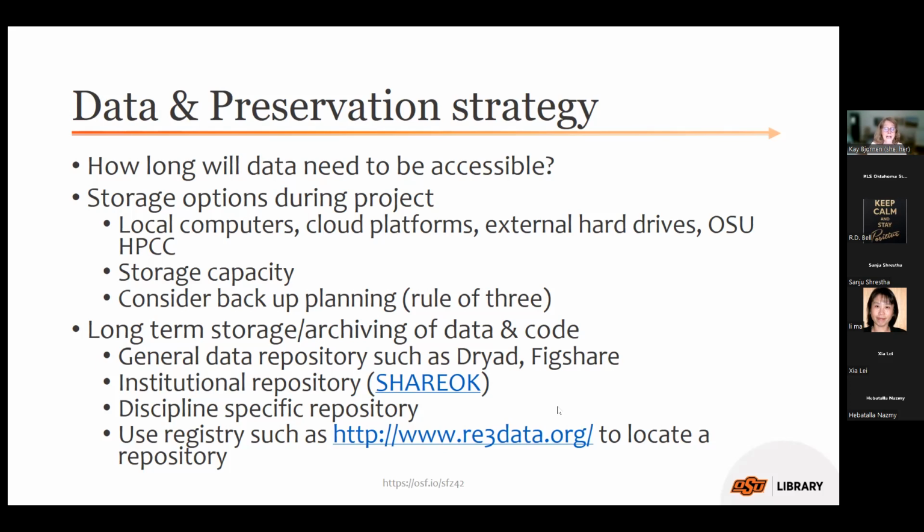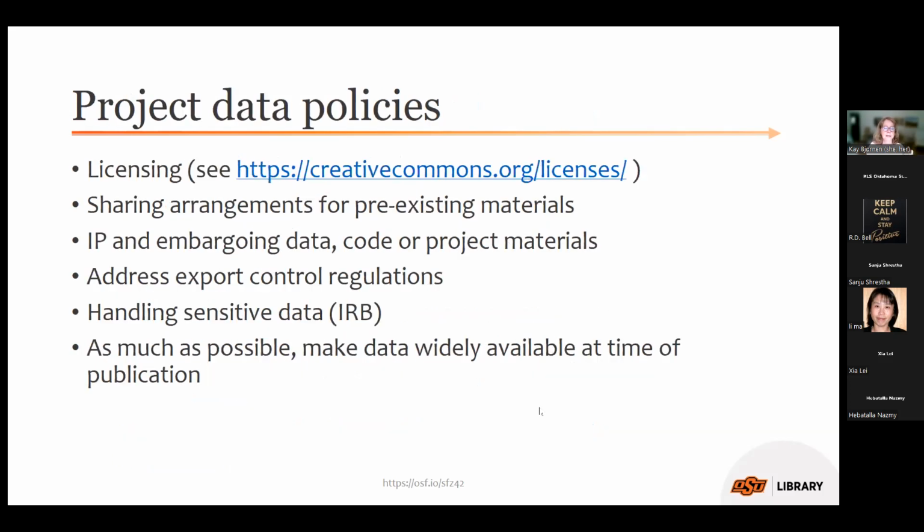Save the DOI and an explanation with the documents and publications in ShareOK, so that people can find that through searching and then go to the data in a data repository. And I mentioned yesterday about using re3data.org to locate a repository. It's a searchable function that allows you to find a repository if you're having a hard time finding one.